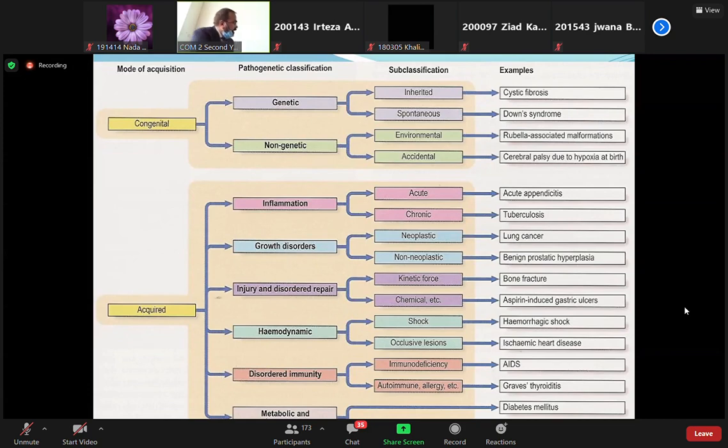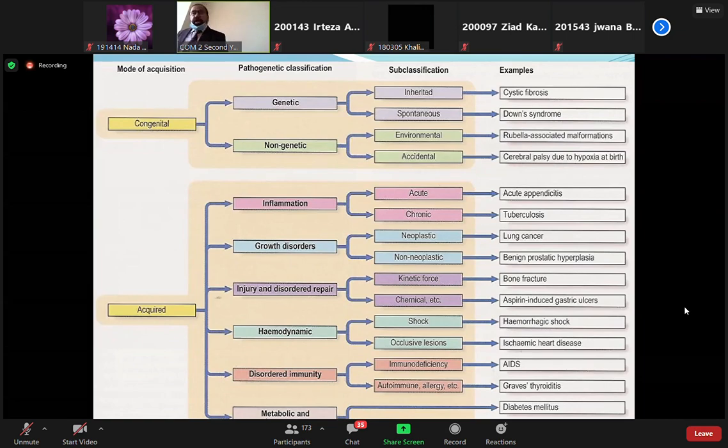Then acquired. Inflammatory, again acute or chronic. Acute, like appendicitis. Chronic, like tuberculosis. Then we have growth disorders like a neoplastic one, such as lung cancer. Non-neoplastic, such as benign prostatic hyperplasia. Then we have injury or disorders, like injury such as bone fracture, or disorder like aspirin-induced gastritis.